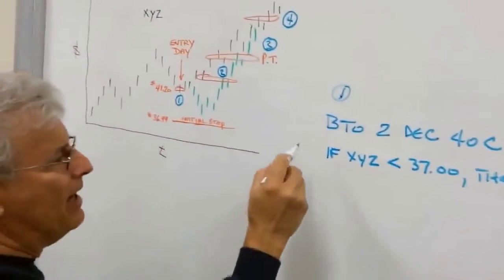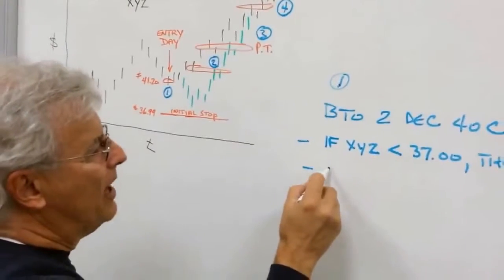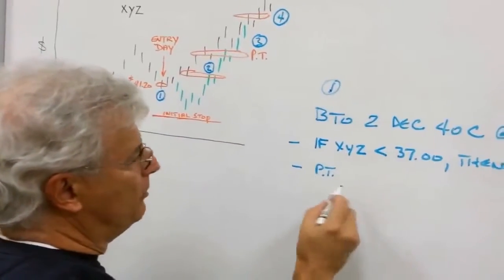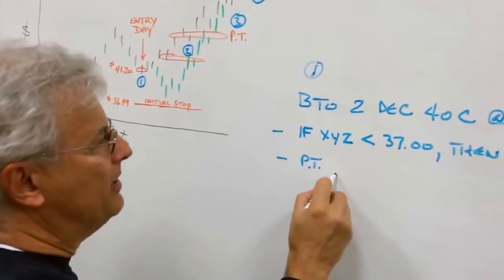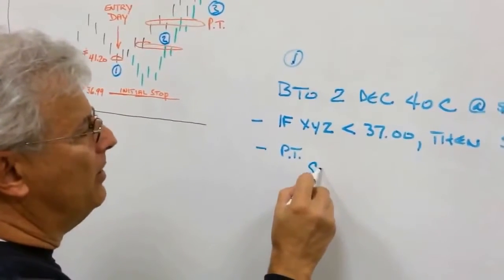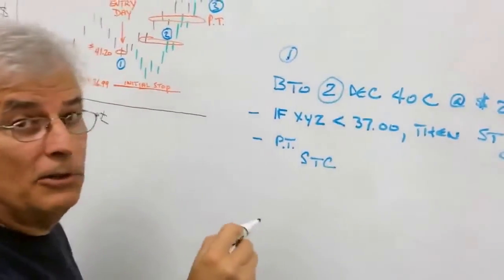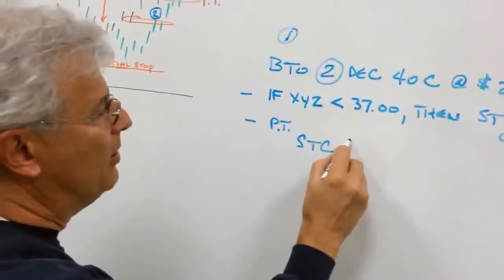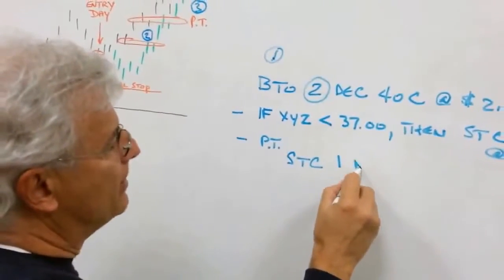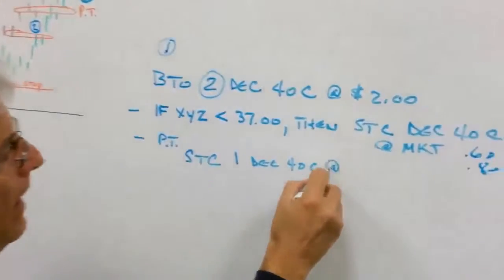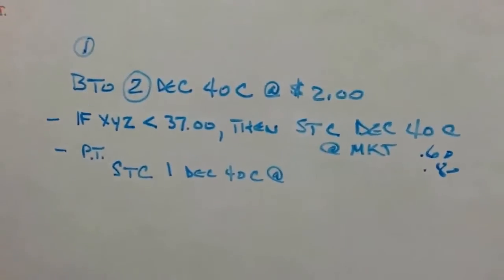Okay, now at the same time we enter the initial stop, we're going to enter the profit target. And we do that right directly with the option. We're going to say sell to close. Since we are long 2, we want to sell half now. We're going to sell to close 1 contract, December 40 call, at a predetermined profit target.